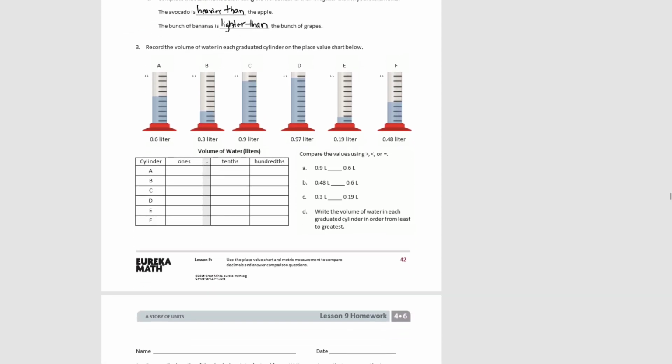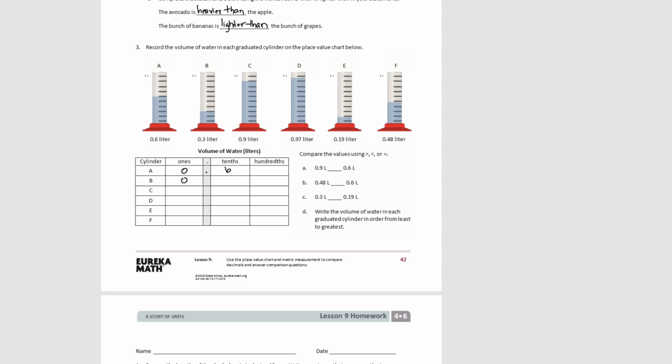Moving on to number 3, we're going to look at capacity. So it says to record the volume of water in each of the cylinders on the place value chart. So take a moment to do that. So A is no 1s and 6/10.